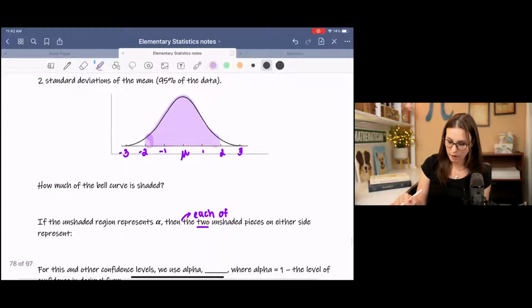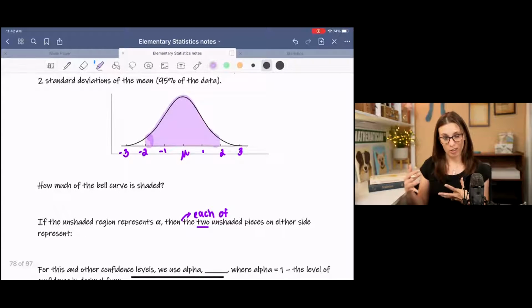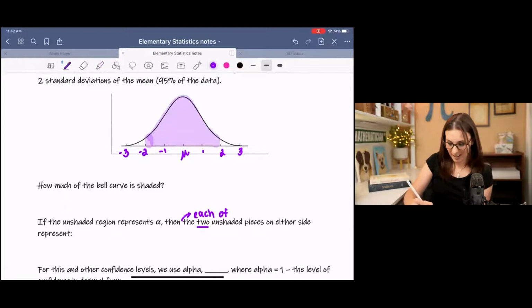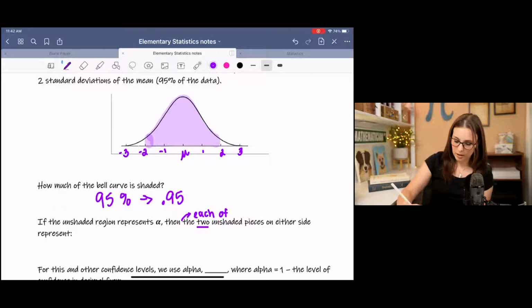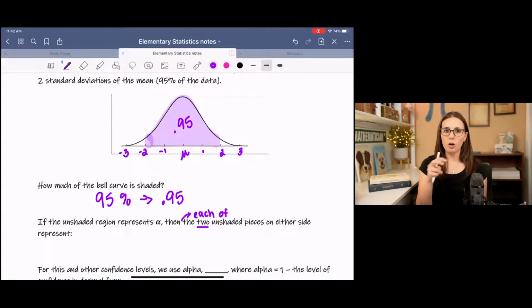So how much of the bell curve is shaded? Well, I already kind of told you, 95%, which is 0.95. And that's here. Then we're going to call the unshaded regions alpha.